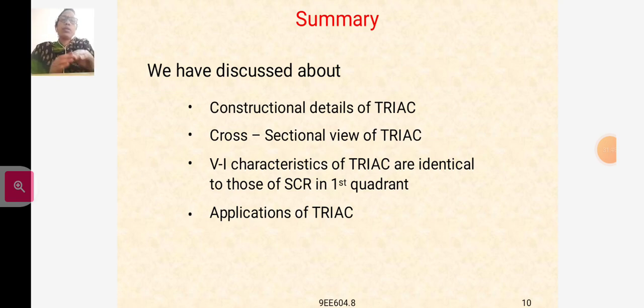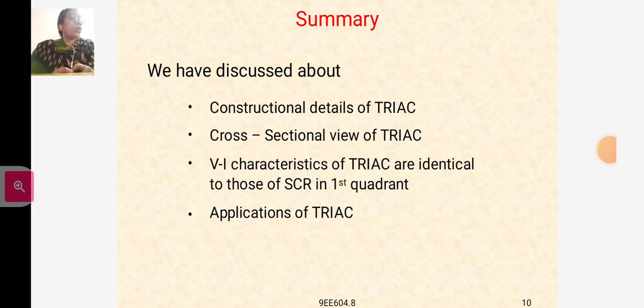So what is the comparison of SCR and triac? We can discuss a few more points. An SCR is a 4-layer, 3-terminal device, as we already discussed. A triac is formed by connecting two SCRs in anti-parallel. An SCR is a unidirectional device, but a triac is a bidirectional device.